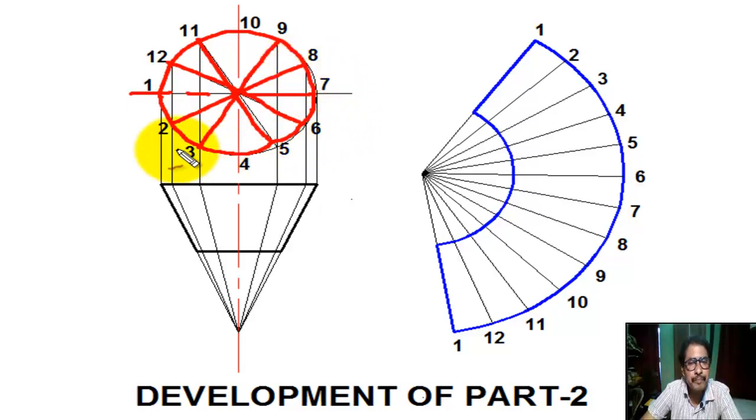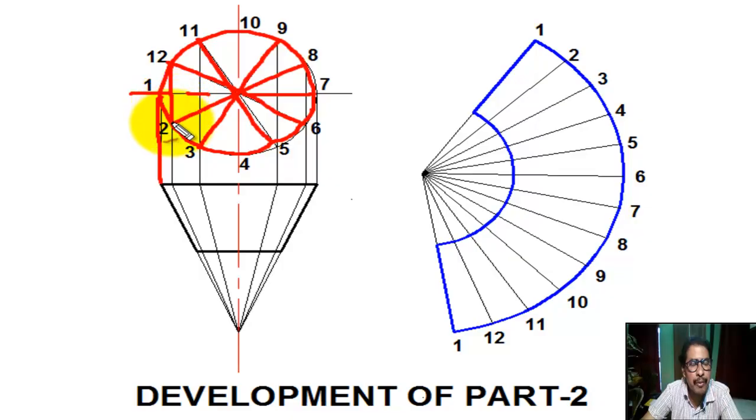From this point, we draw vertical projection line up to the base of the truncated cone.